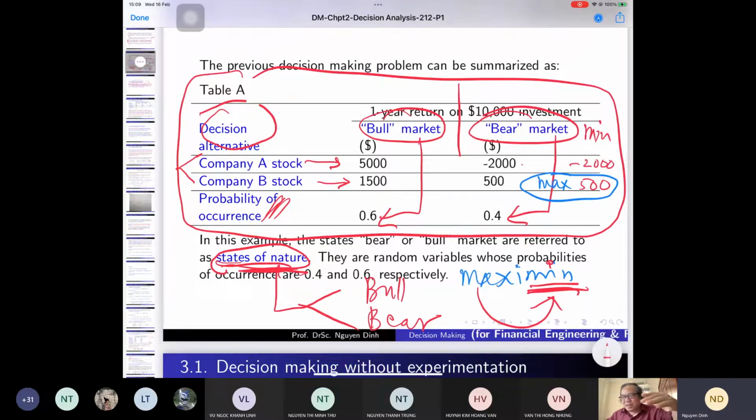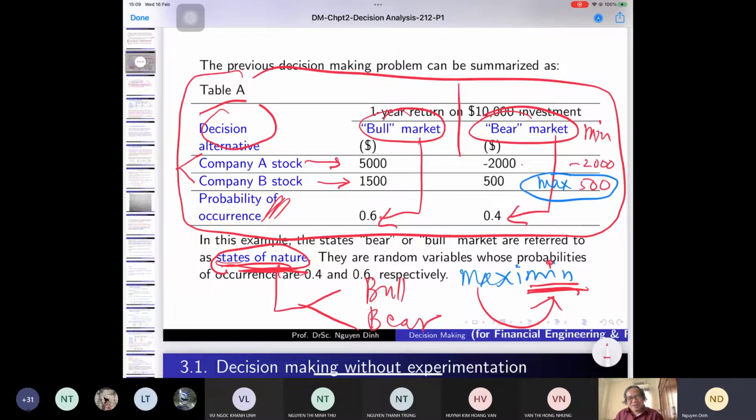In the worst case, that is the bear market. If you choose A, you lose 2,000. You choose B, you get 500. So the best among the worst is 500 here. It's something similar to what Minh Thư chooses. Very careful people. Okay, maximin.